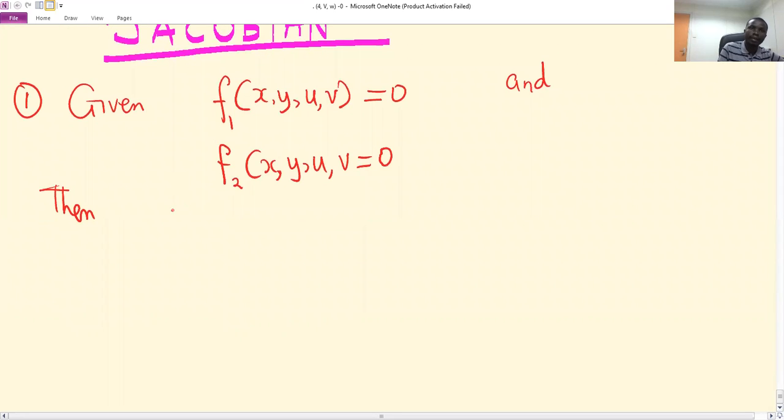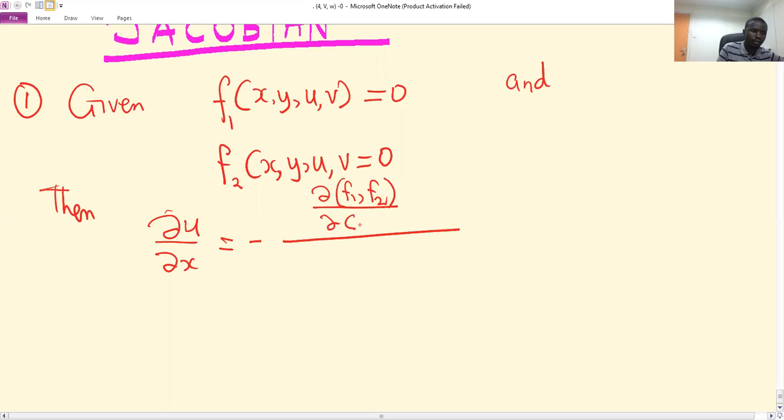To define partial u, partial x, you get negative of partial f1, f2 over partial x, v divided by partial f1, f2 over partial u, v.